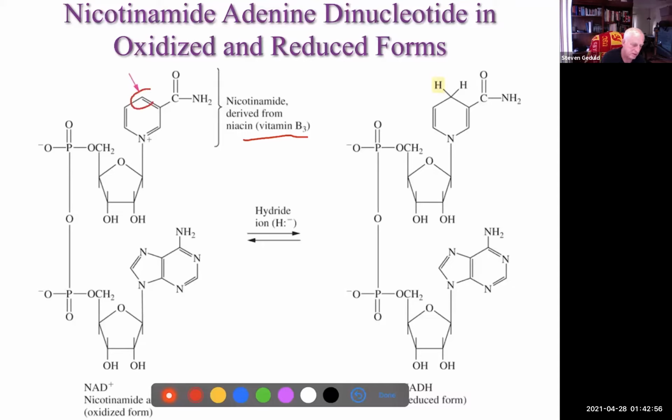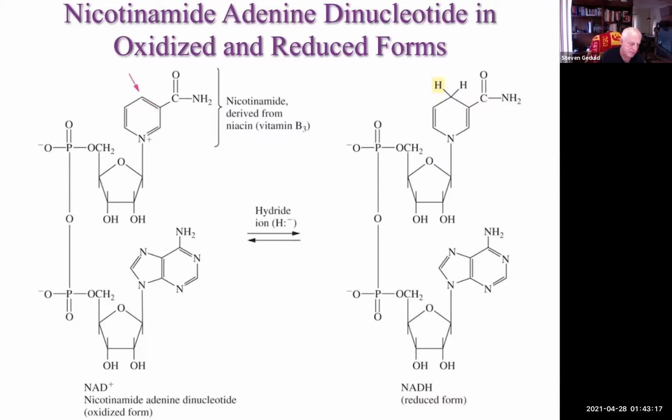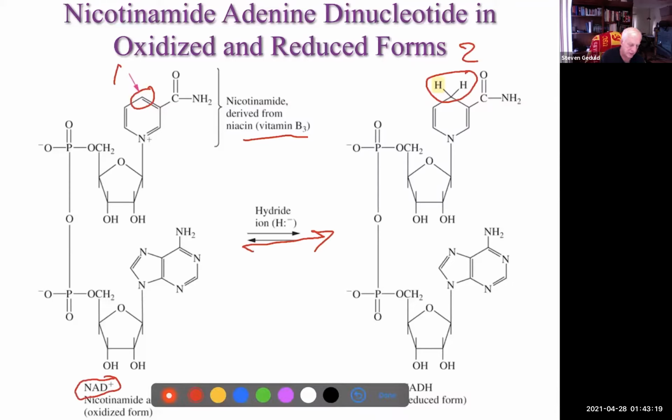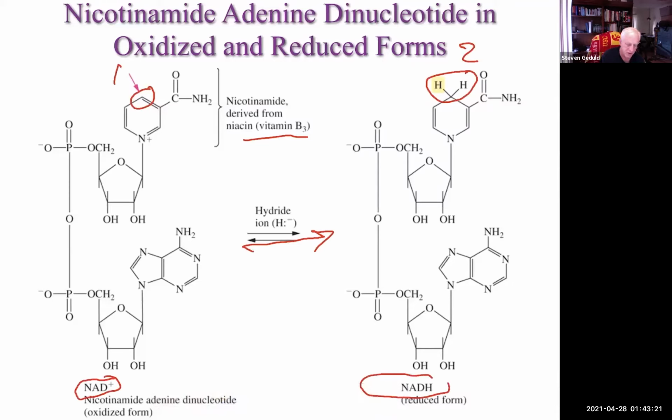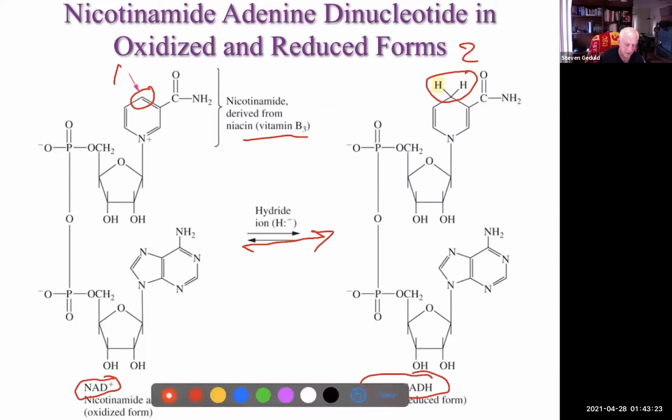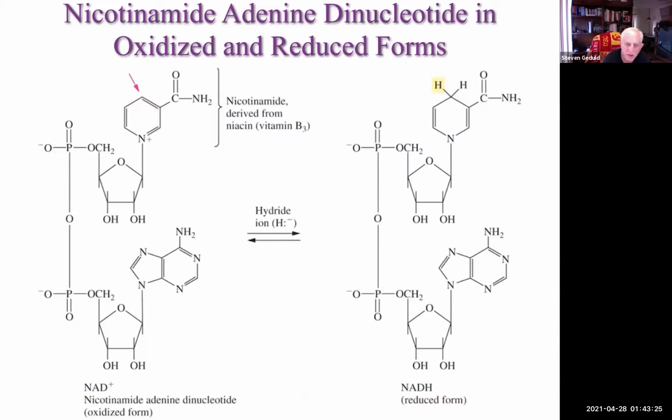What happens is with the hydride ion, hydride is H minus, you've added a hydrogen to that carbon right there. There's one hydrogen at that carbon, and now there's two hydrogens at that carbon. So what you've done is you take NAD plus and form NADH, which is a reduced form. So this is a reduction reaction.